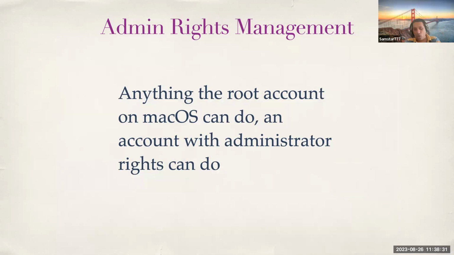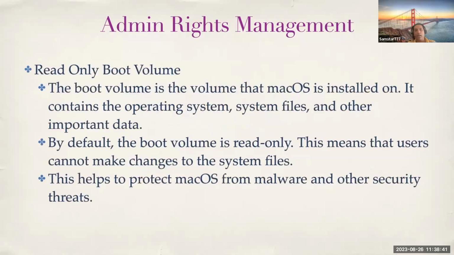So in order to protect OS layers and system files, Apple has prepared certain controls. The first control is that Apple has moved macOS into a read-only boot volume since macOS Catalina. So if you remember, macOS Catalina created a new boot volume which is read-only, and even a root user cannot modify it.